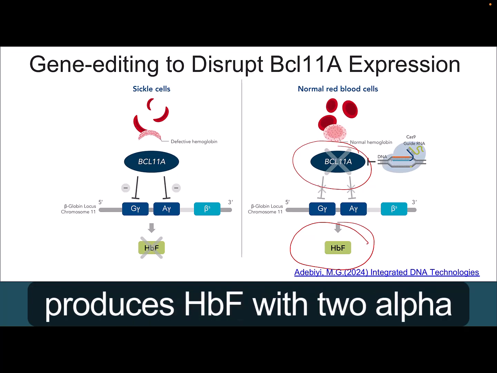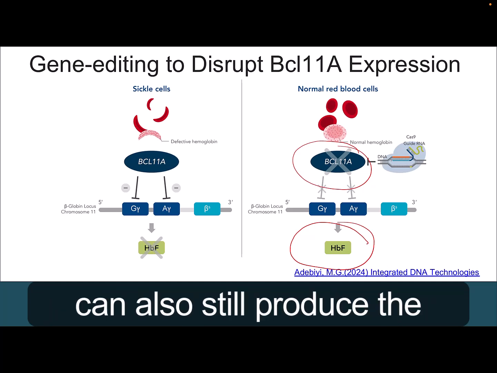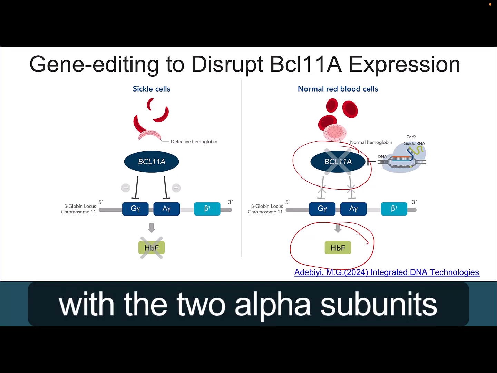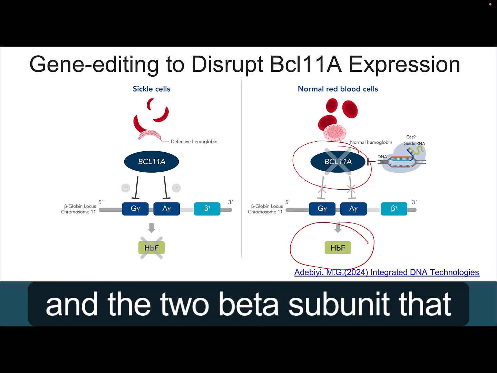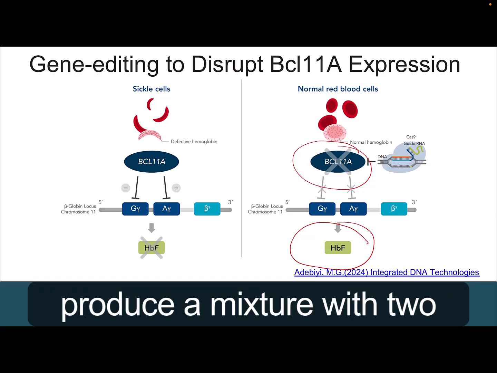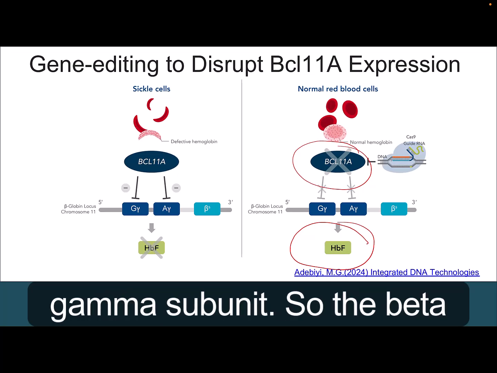Now the cell produces HbF with 2 alpha and 2 gamma subunits. It can also still produce the HbS, the sickle cell version, with the 2 alpha subunits and the 2 beta subunits that have the mutation. Or it can produce a mixture with 2 alpha, 1 beta, and 1 gamma subunit.